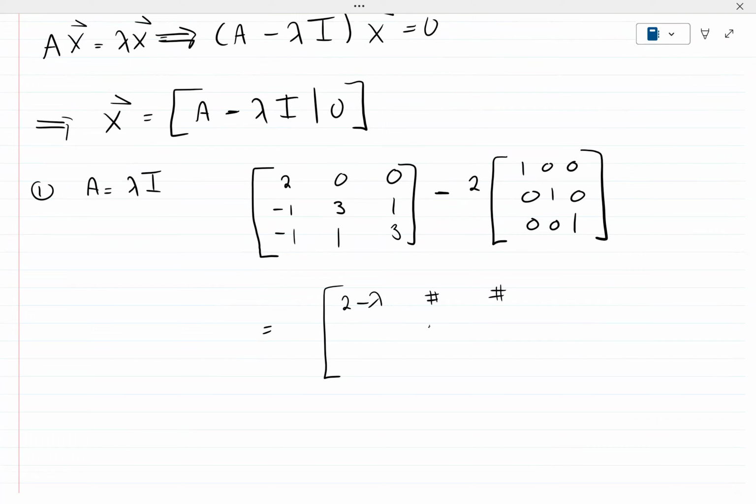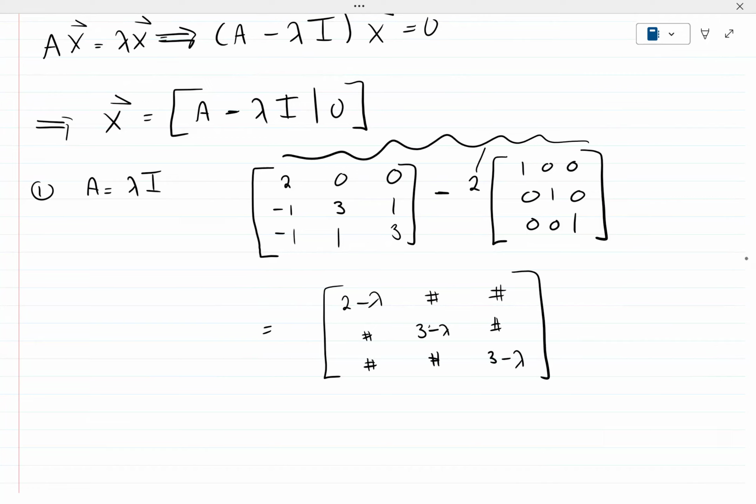And then this would be 3, second row, this would be 3 minus lambda, and then over here would be a number, and then it's going to be 3 minus lambda. That's what we're trying to do. So when you simplify this part right here, or you can distribute that too. So yeah, that's our goal.